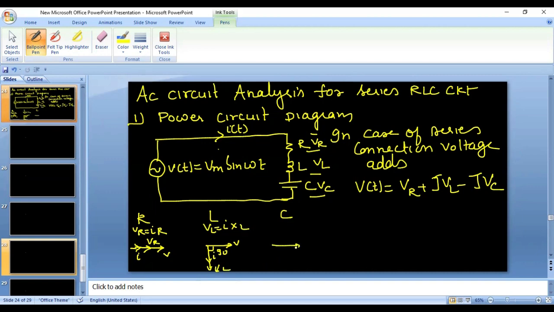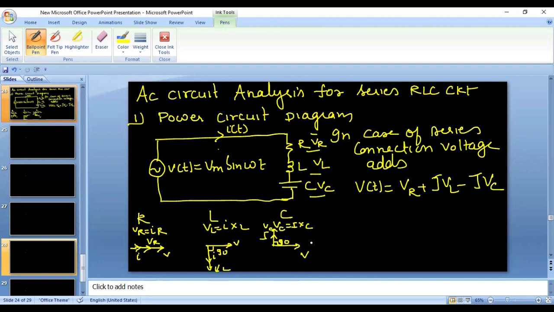Similarly, in case of capacitance, VC is equal to I into XC, and the current leads the voltage by 90 degrees. So VC will lag the current. Now you can see VR is in the same phase with V, VL is 90 degrees leading from I, and VC is 90 degrees lagging.